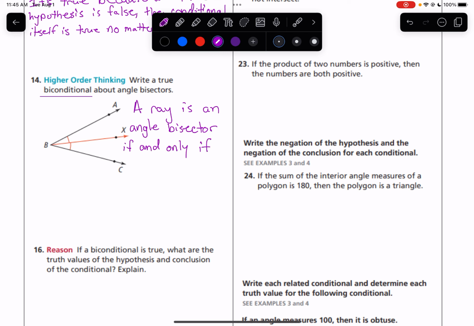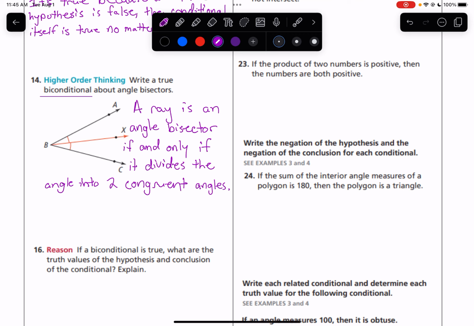Remember, that's the statement we need in there in order for this to be a biconditional. If and only if it divides the angle into two congruent angles.